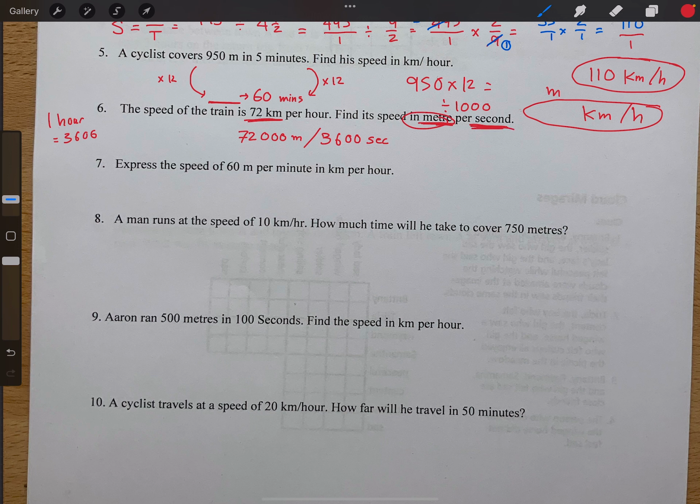So to get from 3,600 to 1, I divide this by 3,600 and divide this by 3,600. So you're going to do 72,000 divided by 3,600. You get an answer, and that will be your meters per second. Okay, you can do that.